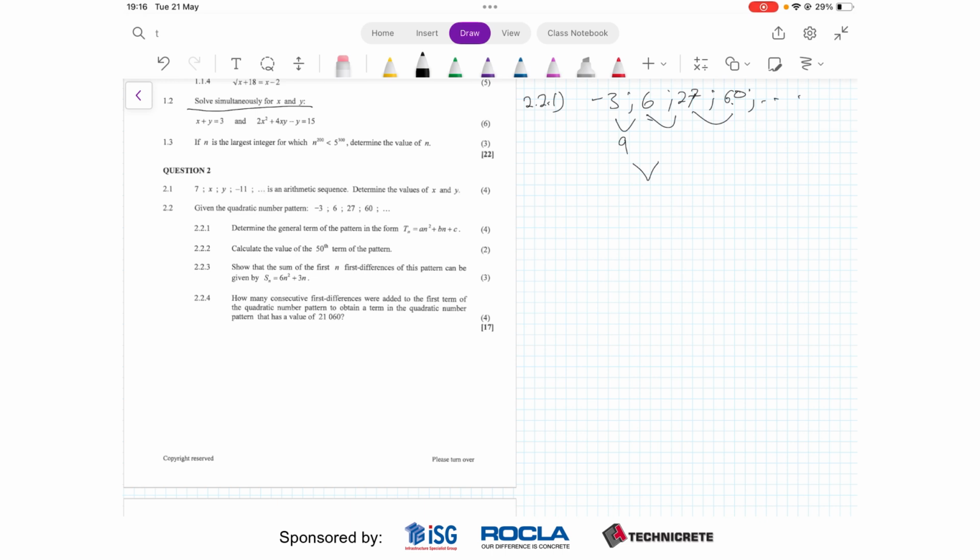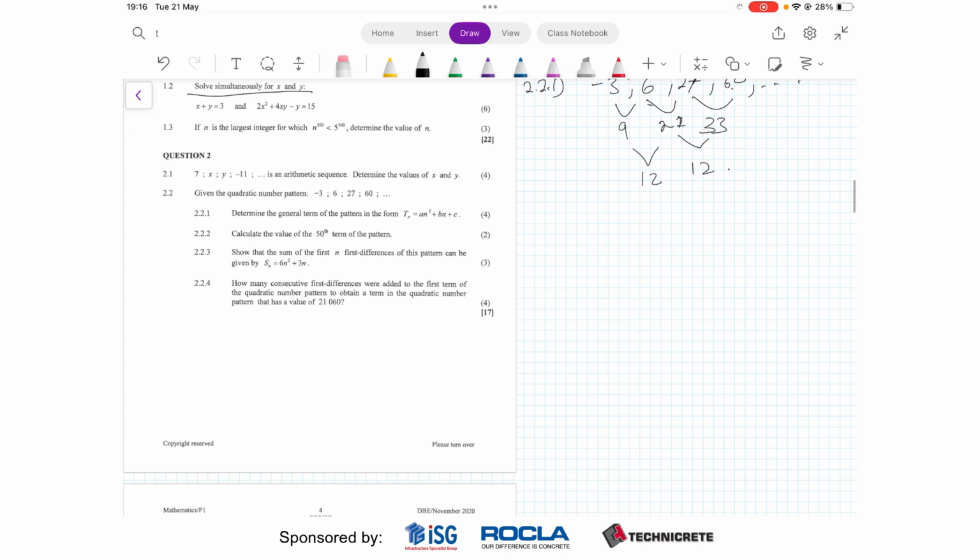So the first difference here will be 27 minus 6, that will be 21. 60 minus 27 will be 33. And then the second common difference here will be 21 minus 9, that will be 12, and 33 minus 21, which will also be 12.